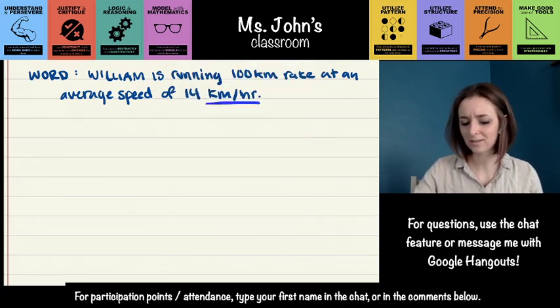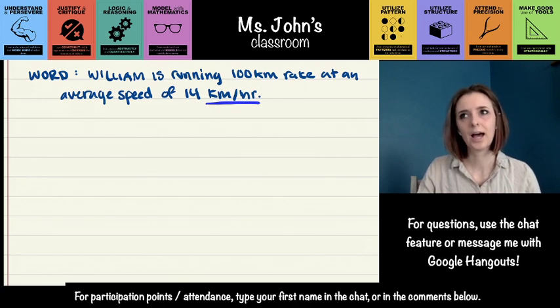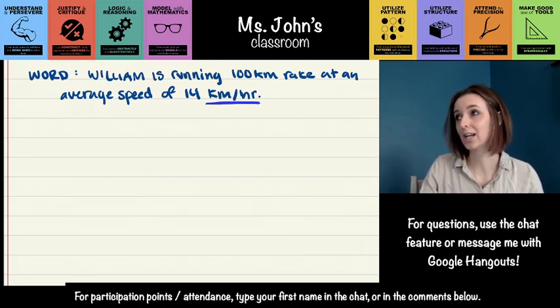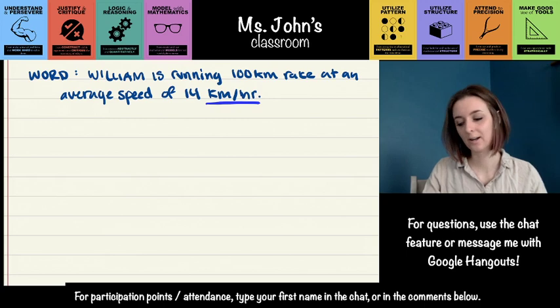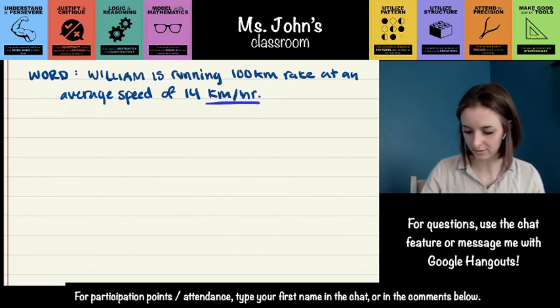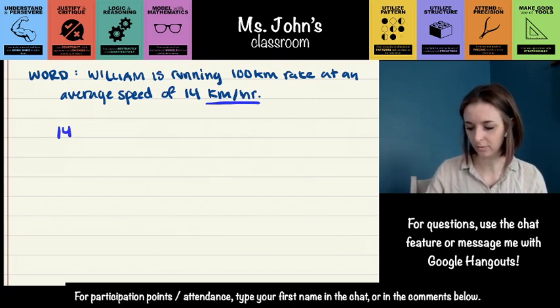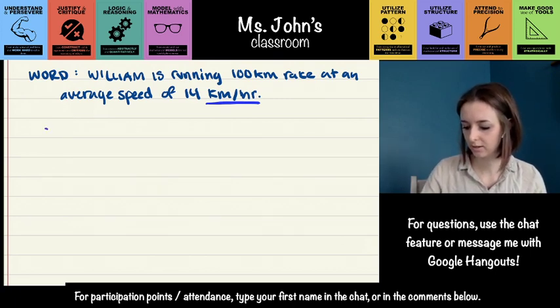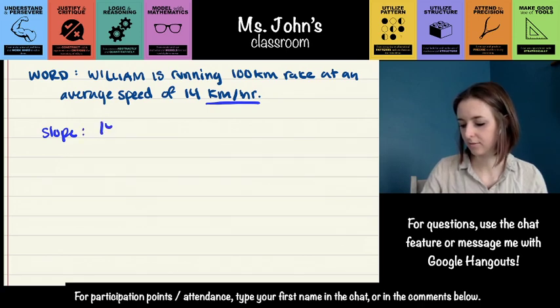You just have to remember what slope is. Slope is how fast things are changing in relation to each other. So in this problem, the slope is 14 kilometers per hour.